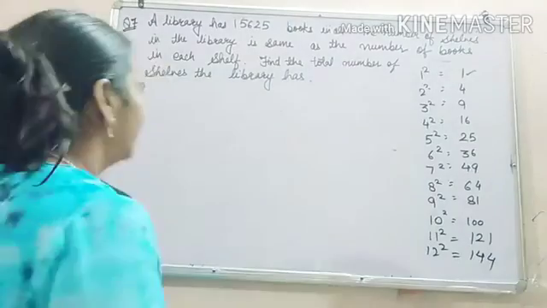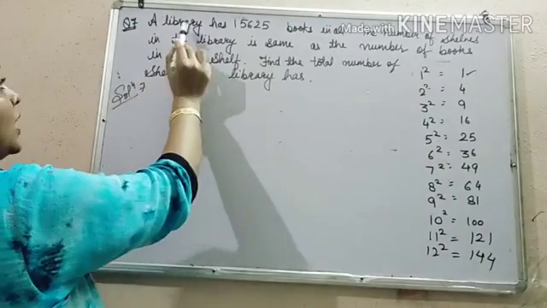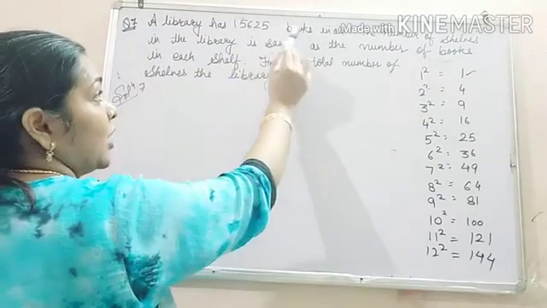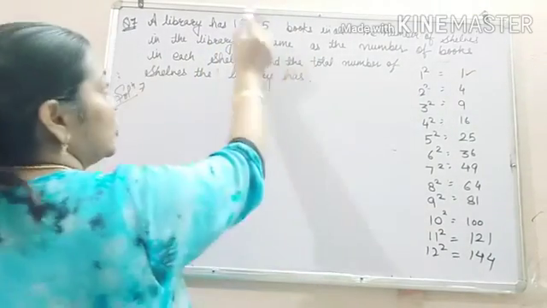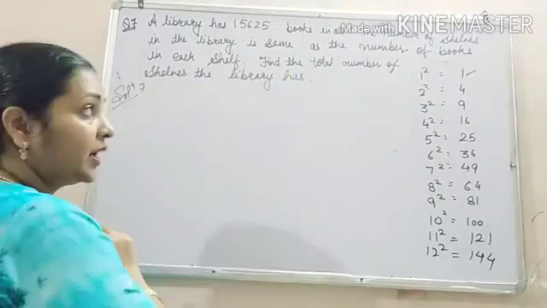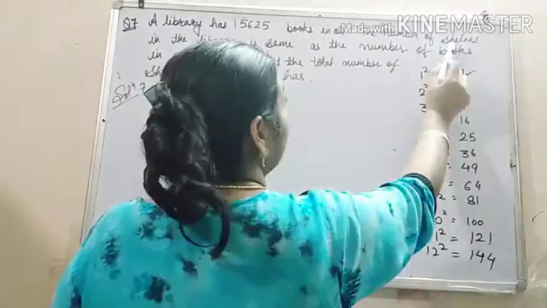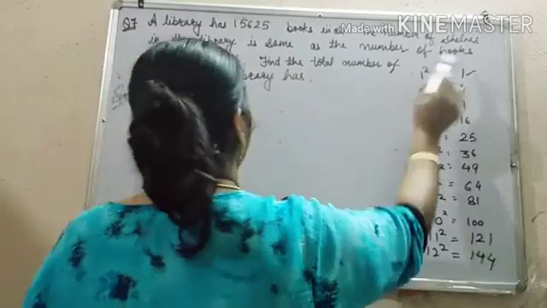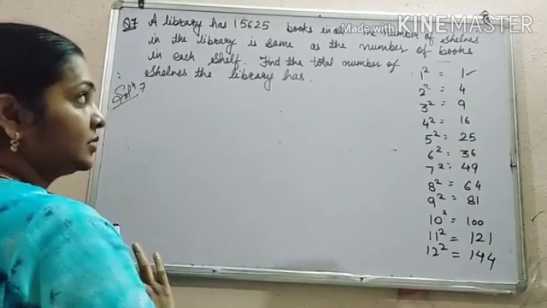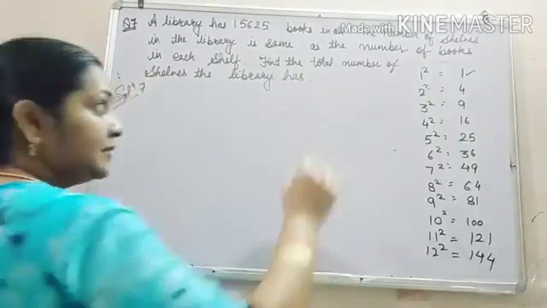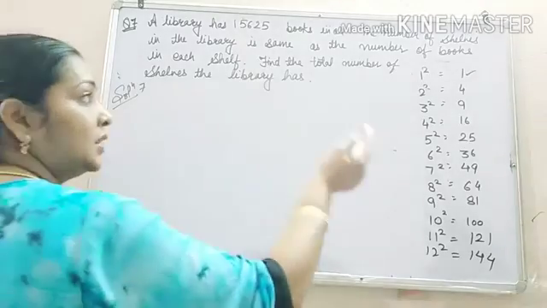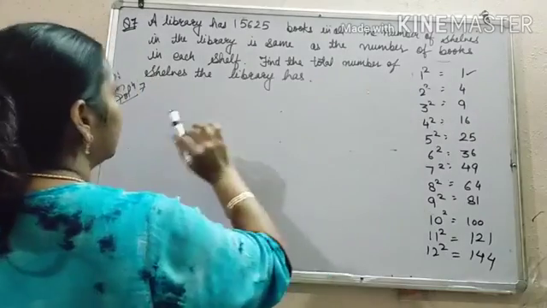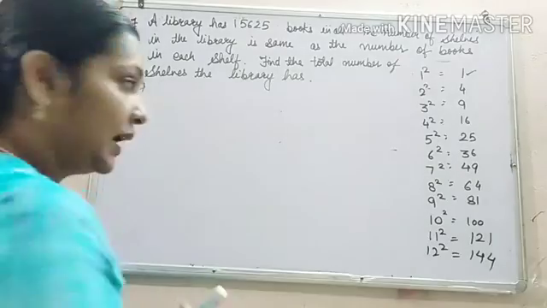In problem 7, it is given that a library has 15,625 books in all. Total books are 15,625. The number of cells in the library is same as the number of books in each cell. Find the total number of cells the library has.